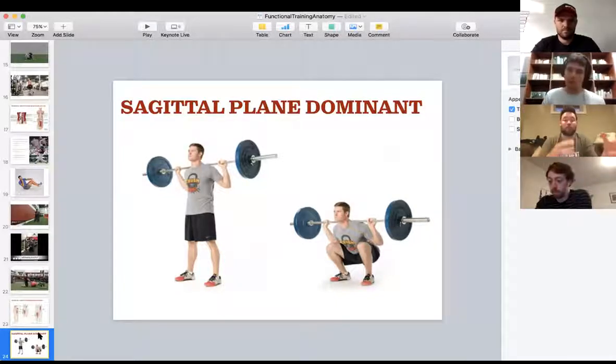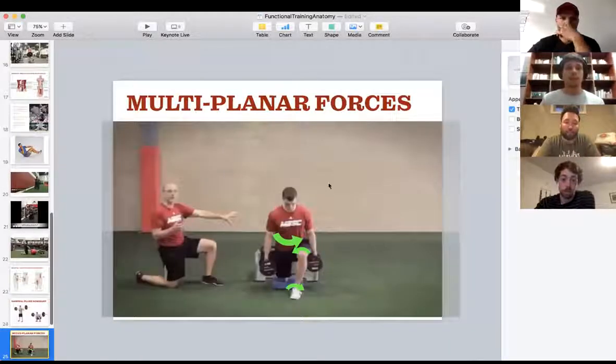But as we start moving more towards improving athletes for sports and helping people with activities of daily living, our life is lived unilaterally. We're unilateral, contralateral creatures. Everything we do is typically on one leg or with one arm. So if we're thinking functional training, we want to reflect those activities, right? So multiplanar forces.